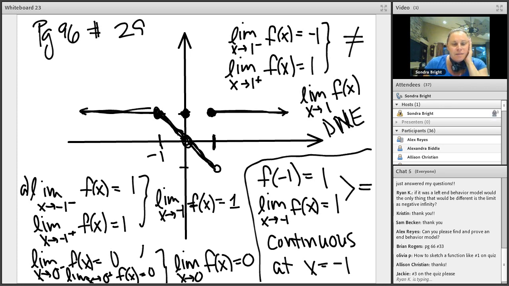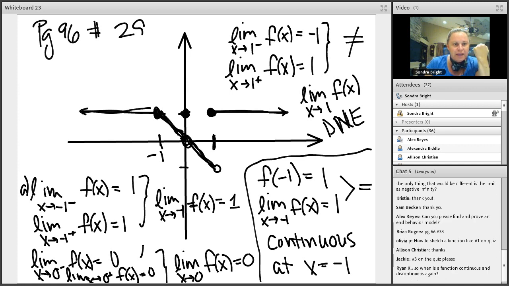Okay. I'm going to go to the next slide so that I can write the notation, but we already know that at 1, it's not going to be continuous. I'll write that on the next slide, but that's because the limit doesn't even exist.